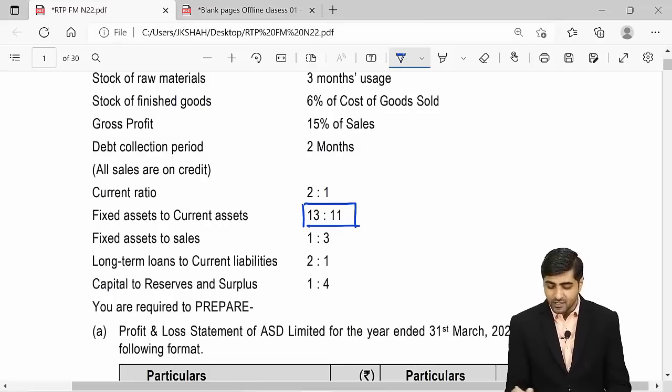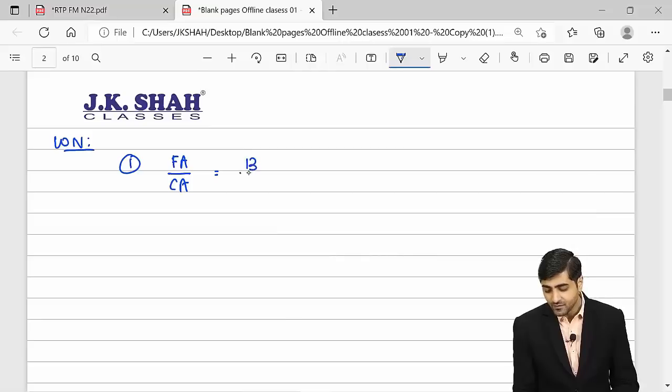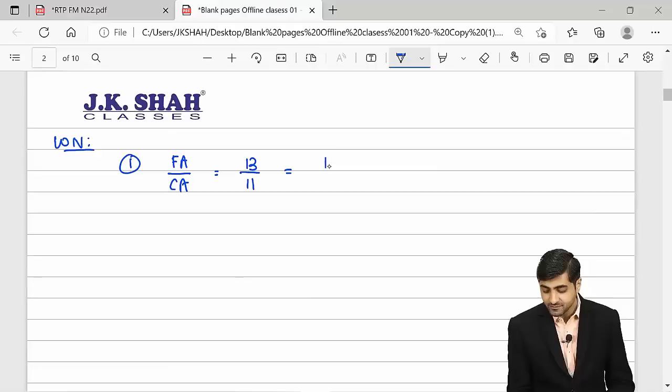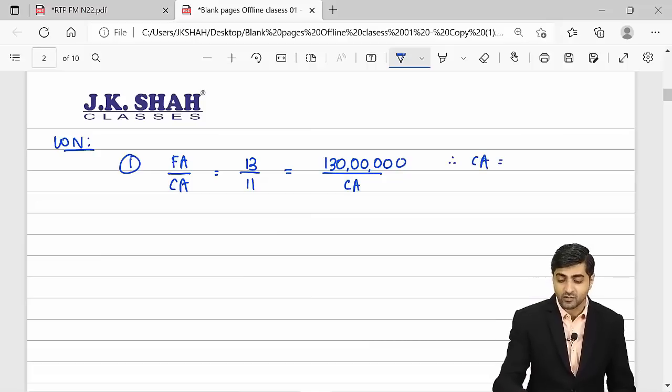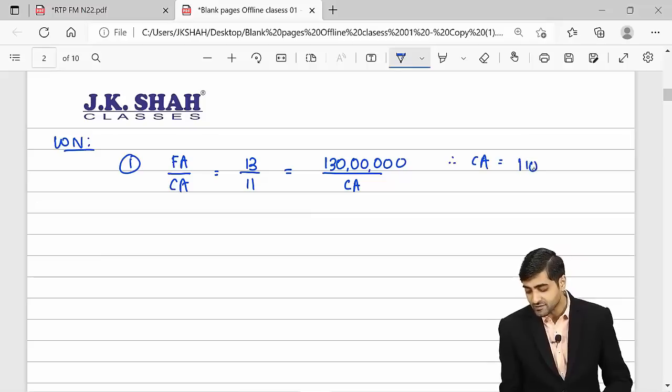That will be nothing but 13:11, and we have your fixed assets available as 1 crore 30 lakhs. So that will help you to calculate your current assets, and that's going to be 1 crore 30 lakhs into 11 divided by 13. So that's nothing but 1 crore 10 lakhs.